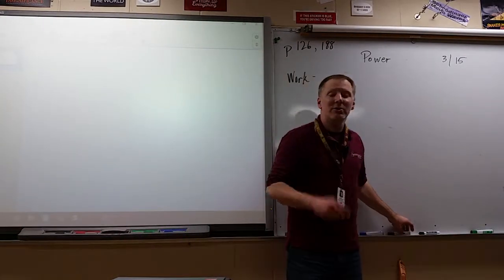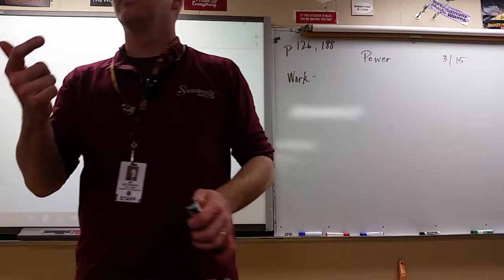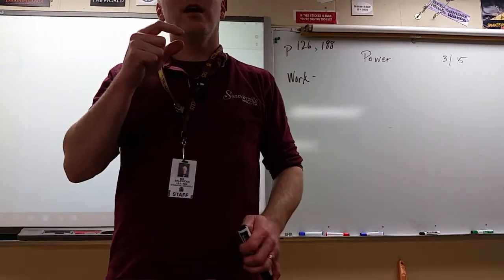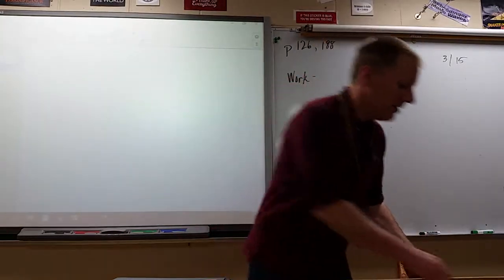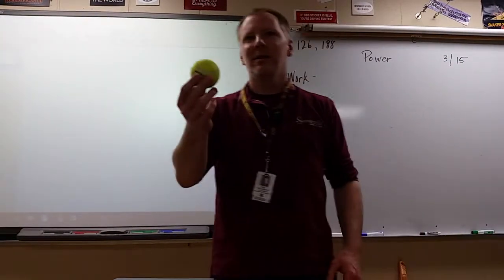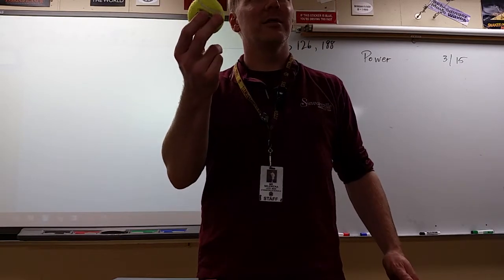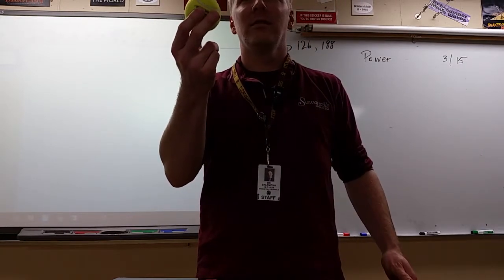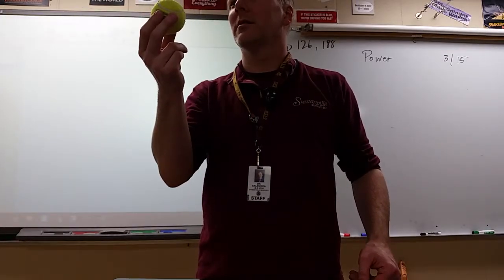We're going to tweak that a little bit. That's a very good place to start. We're going to focus on what happens to that energy. So if I have an object and I do work on it, how might I change the energy of this? I could give it kinetic, which would mean it moves.